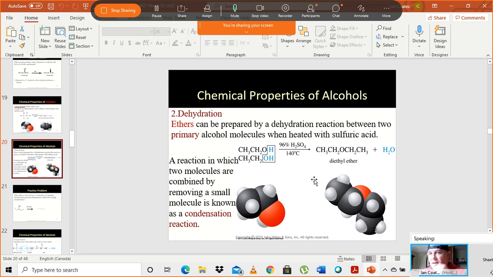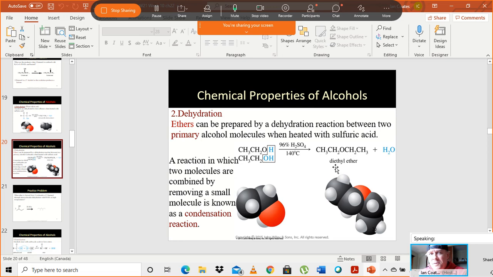All right, and what happens here, by the same process, dehydration, in this acid bath, water is sucked out, and in this process we have now made an ether, which is an ethane group attached to an oxygen and another ethane group attached to the same oxygen. This is not the IUPAC name, but have a look at it anyway.